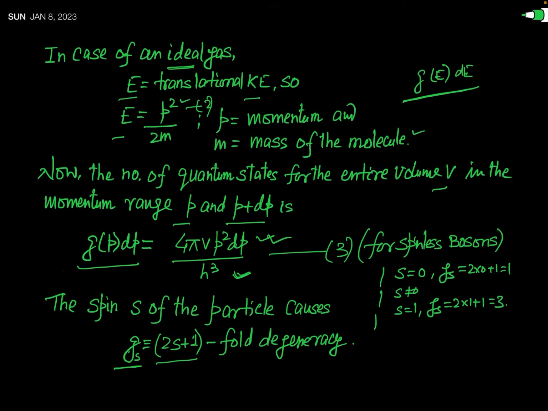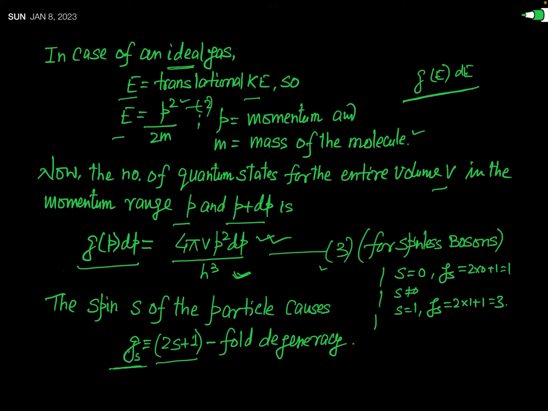So if you consider bosons having non-zero spin, then the number of quantum states between momentum P and P plus dP will not be equal to what is defined in equation 3, but you have to multiply the RHS of equation 3 by this spin degeneracy factor Gs.